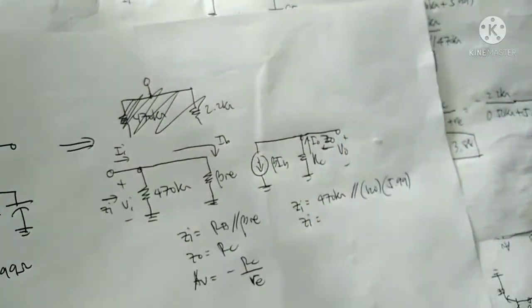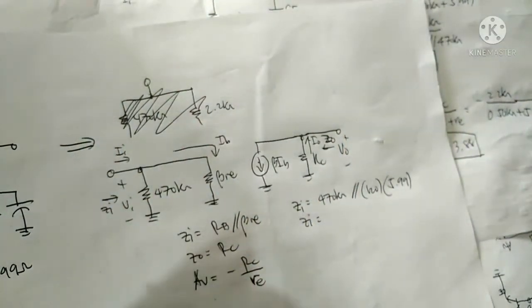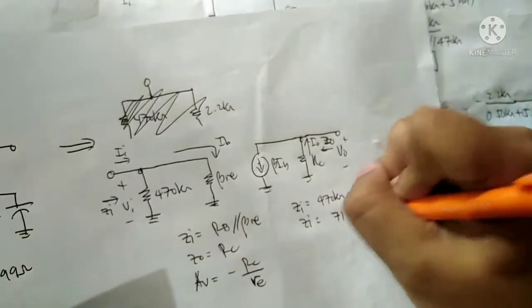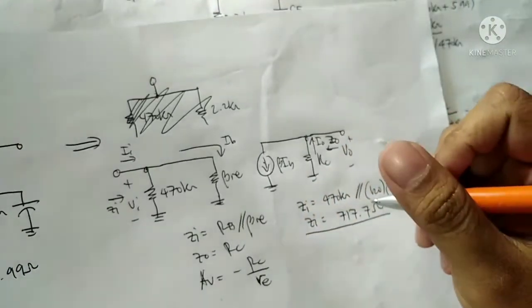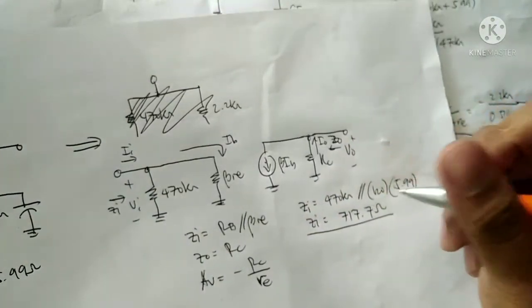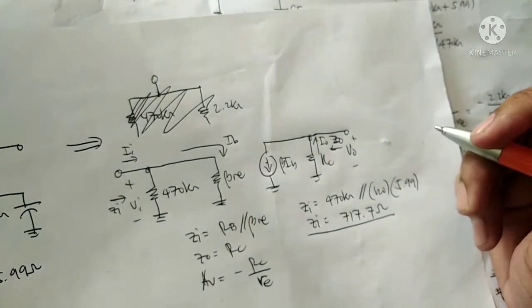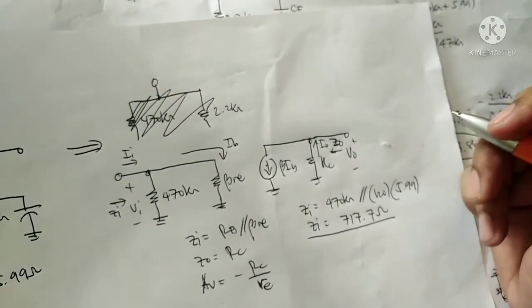So input impedance is 1 over 470k plus 1 over 120 times 5.99. So this is equal to 717.7 ohms, the equivalent resistance.